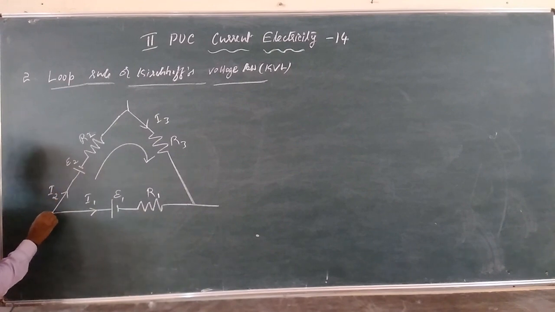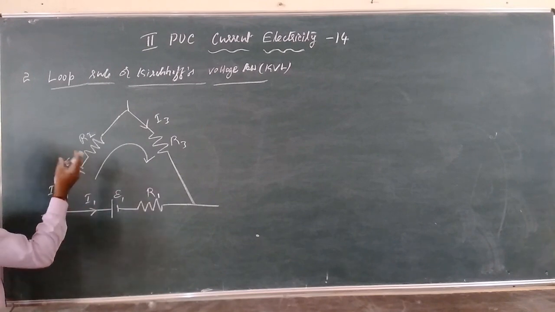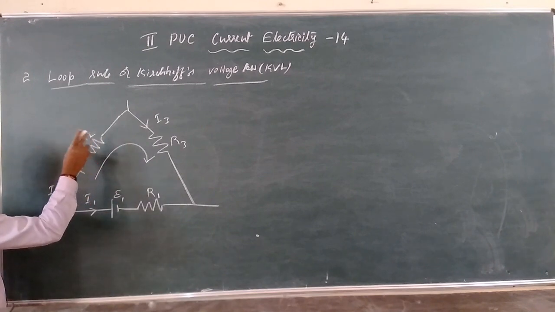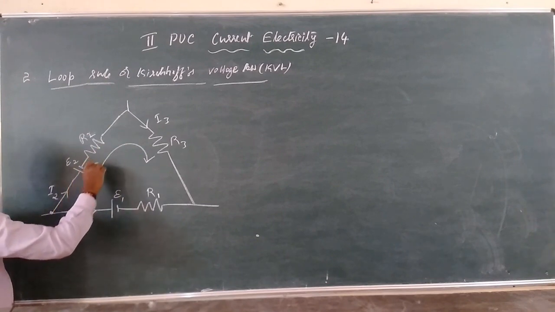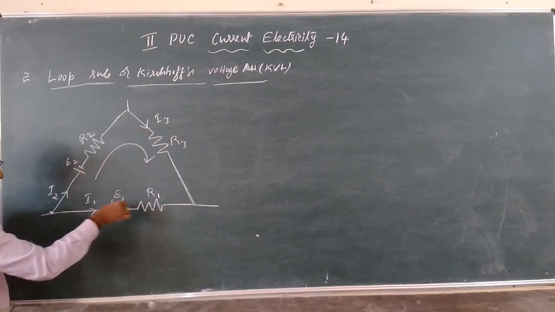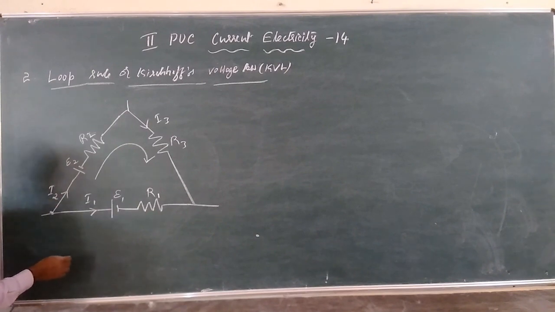So from the starting point we calculate the change in potential, that is the algebraic sum of EMF and the potential drop across the resistors. You have to calculate over the entire loop and reach the same initial point.